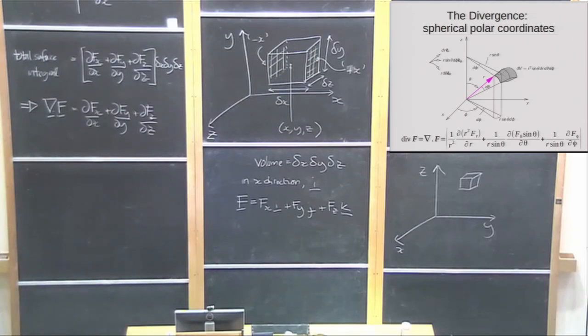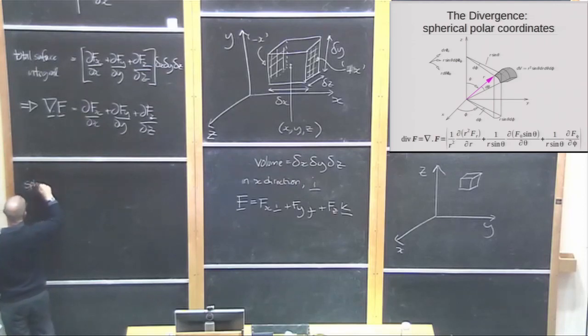Quite often in physics, when you're thinking about the electric field or the gravitational field, for example, you're talking about fields which are radially symmetric, i.e. they come out radially and isotropically from some point. In that case, the d theta and d phi terms in this expression don't matter at all, and all that's important is the radial term.